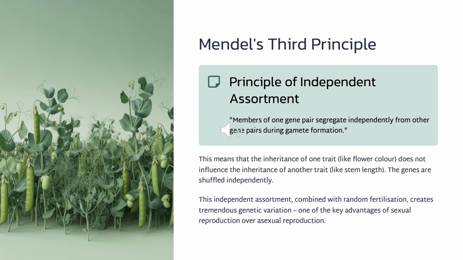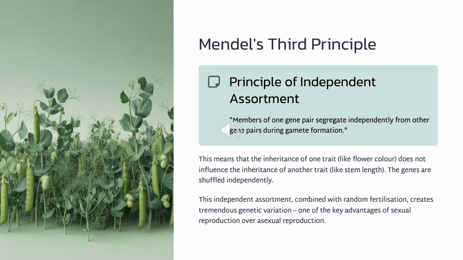Okay, now we come to Mendel's third principle, which is the principle of independent assortment. This refers to the members of one gene pair segregating independently from another gene pair during gamete formation.